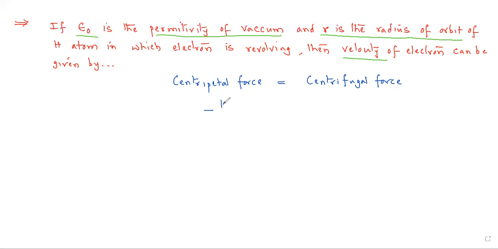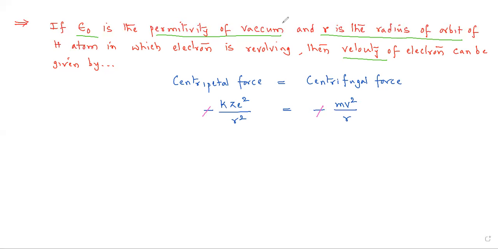I gave it as minus kZe square by R square is equal to minus mv square by R. Isn't it? We have derived all the expressions starting with this.